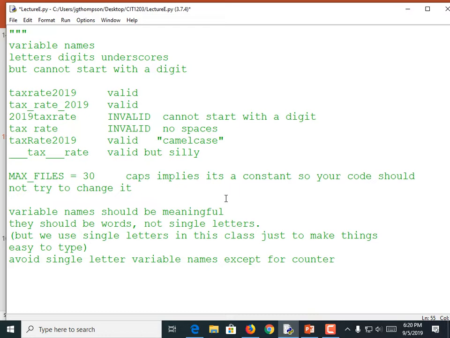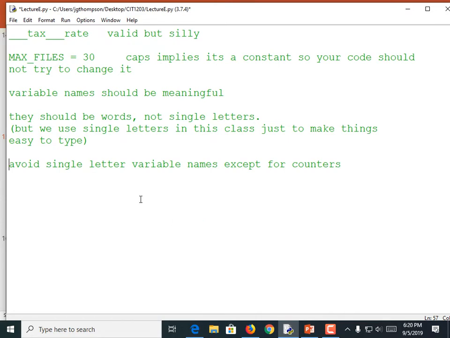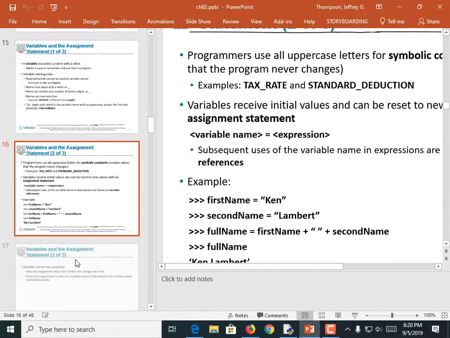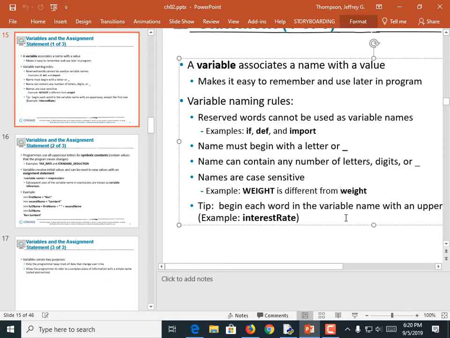It's just counter. They are case sensitive. Weight is different from weight, which would be different than weight, right?